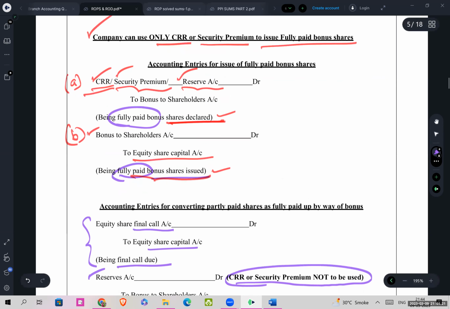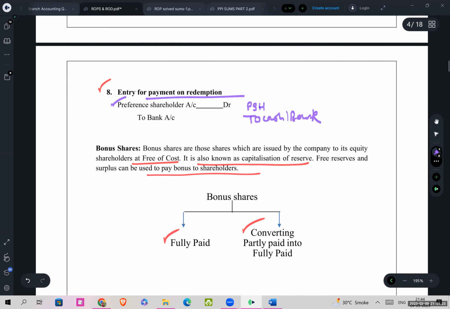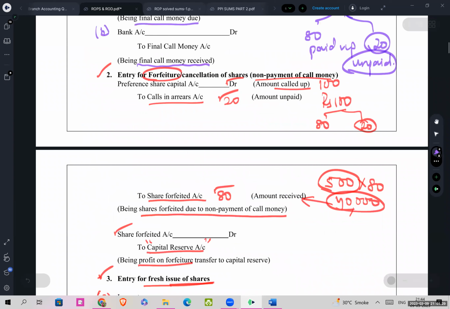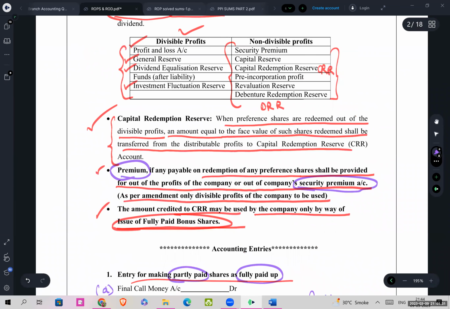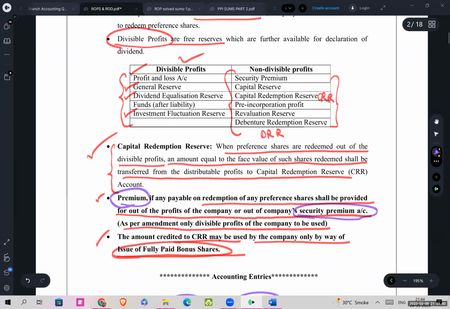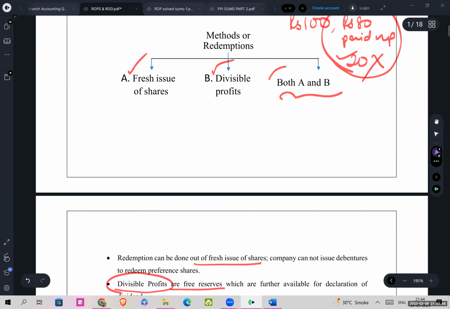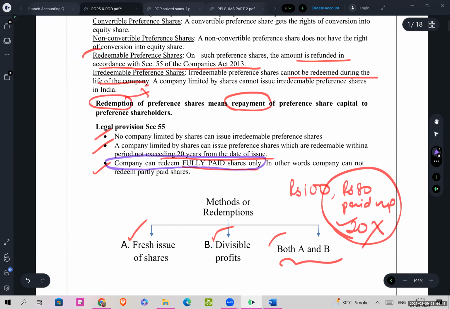Wait, let me take you back to that section. It was given. Not to be used that time. Securities premium या CRR नहीं use करना है. I guess a special mention was here.